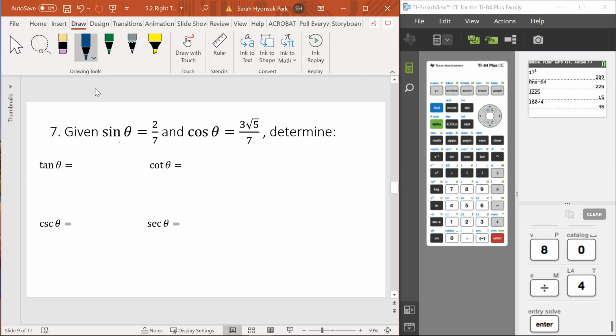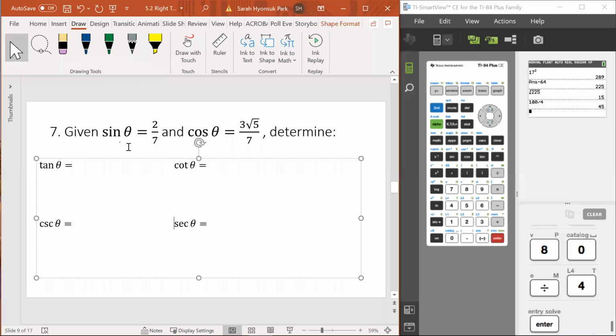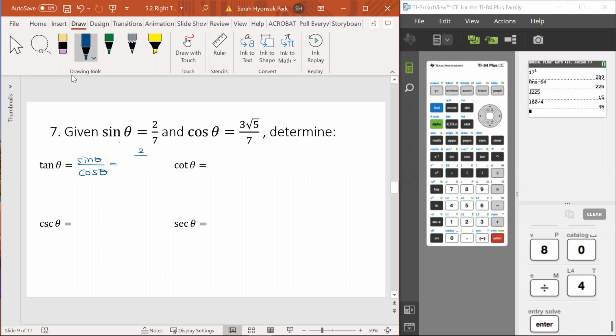So tangent theta, we already said. Actually, I think we need more space, so let's just make more spacing. Okay, we already said that tangent theta is the sine theta over cosine theta.